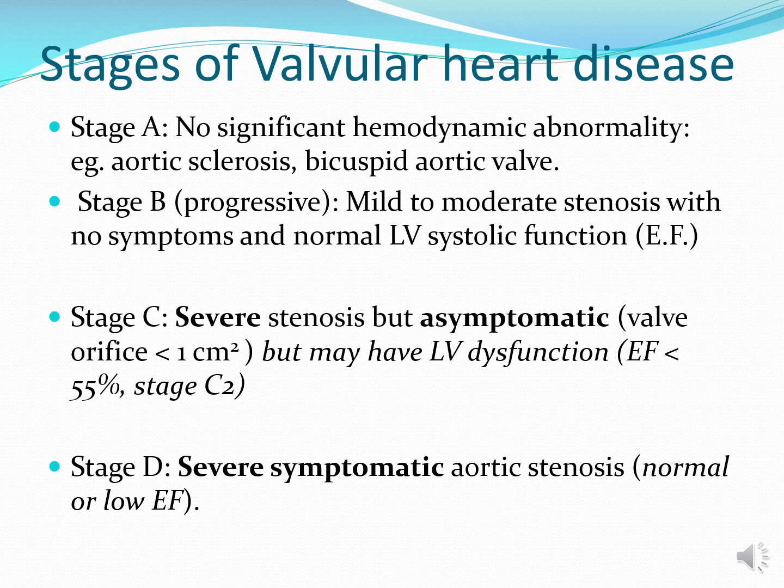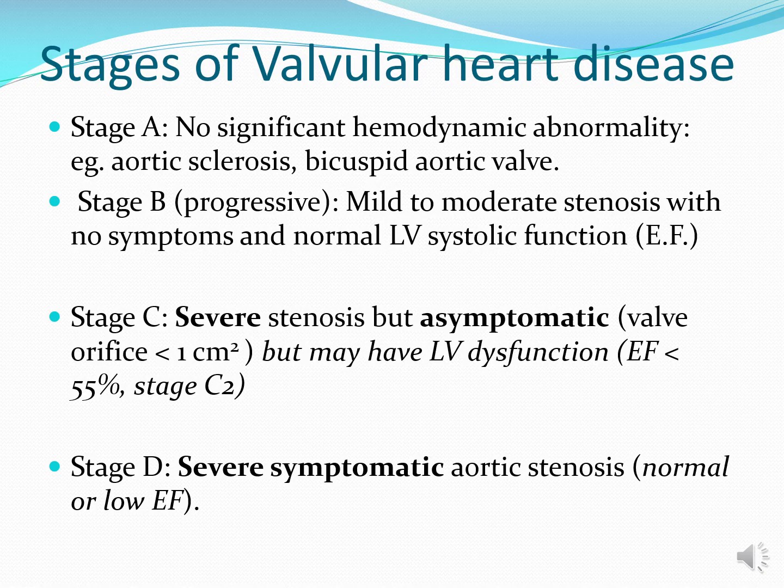Next, we have to get an idea about what we call the stages of valvular heart disease. There are also stages for heart failure. These are concepts that have been recently introduced by the American Heart Association and American College of Cardiology. The first two stages would be A and B, which are not very important to us.